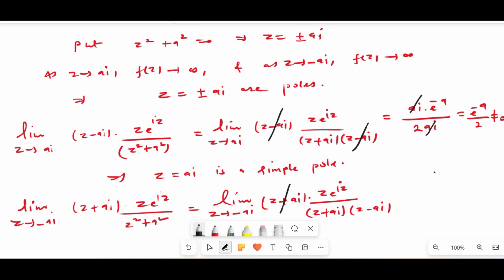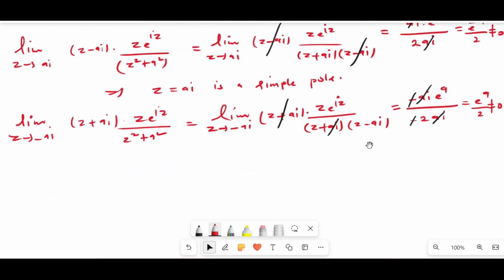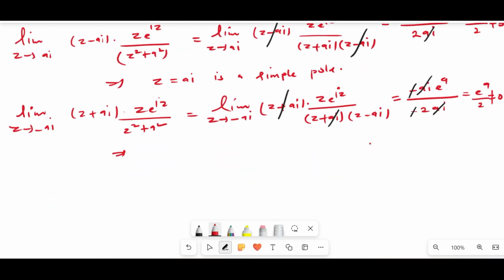So here this factor gets cancelled out. Put the limit here, you will get negative ai e to the power of a over negative 2ai. You can see negative negative gets cancelled out, ai gets cancelled out, and this value is equal to e to the power of a over 2, which is non-zero. So it shows that z equal to negative ai is a simple pole.